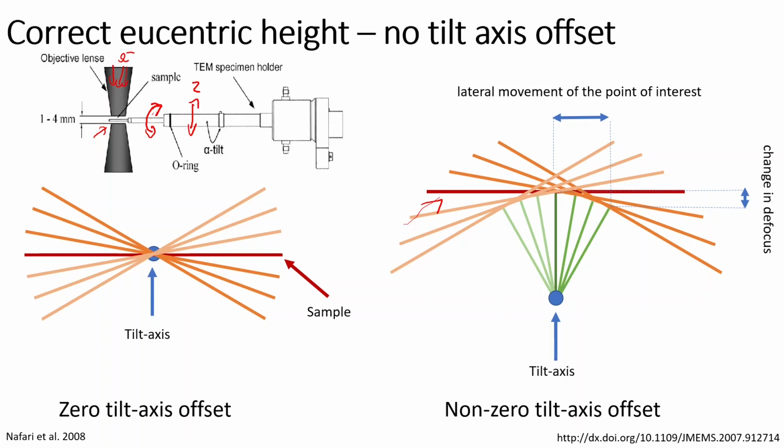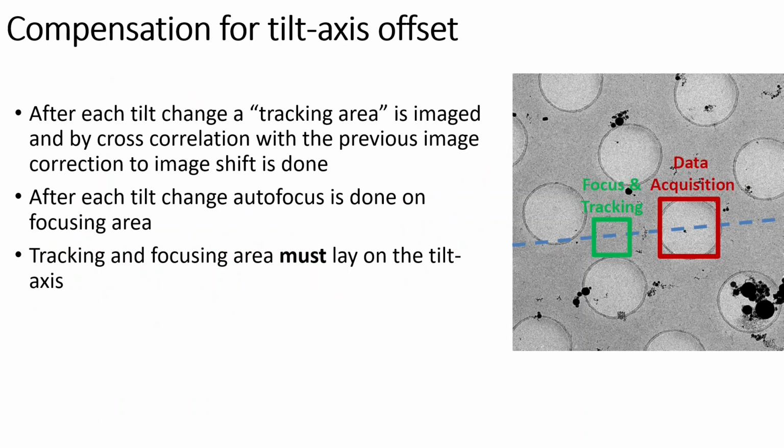Nevertheless, I have to say that we never have perfect stages. We are never able to perfectly set the tilt axis without any offset. So we need to correct for this, and this is corrected the following way. Usually when you are acquiring tomographic or tilt series data, you have your acquisition area, and close to your acquisition area, you have a focus and tracking area. The focus and tracking area serves to precisely track the position of your acquisition over the tilt series.